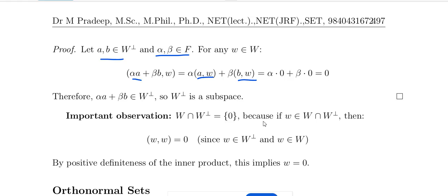The conclusion is that alpha A plus beta B belongs to the orthogonal complement, so the orthogonal complement is a subspace.